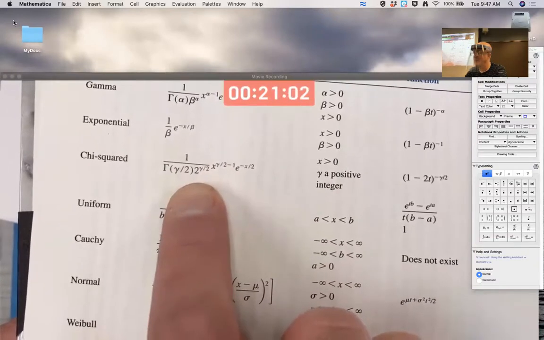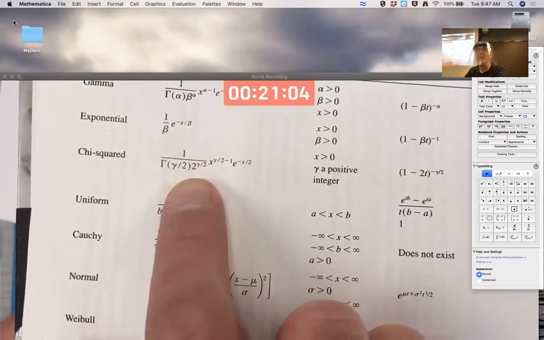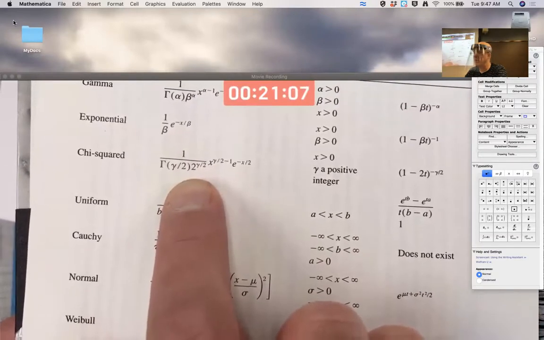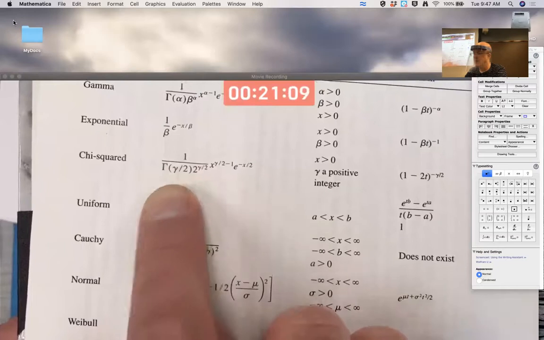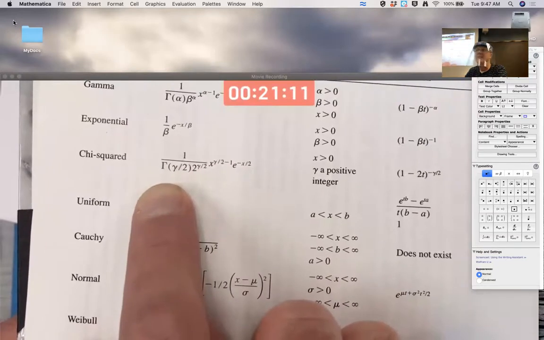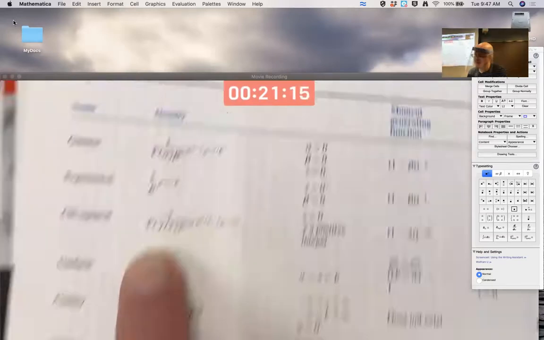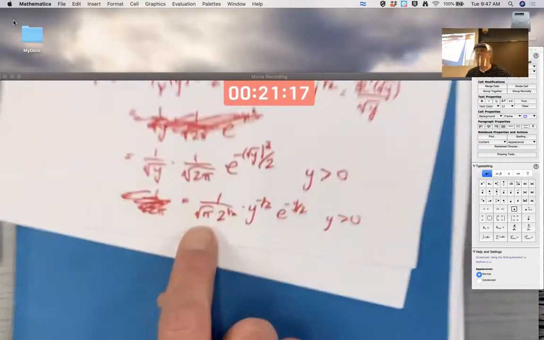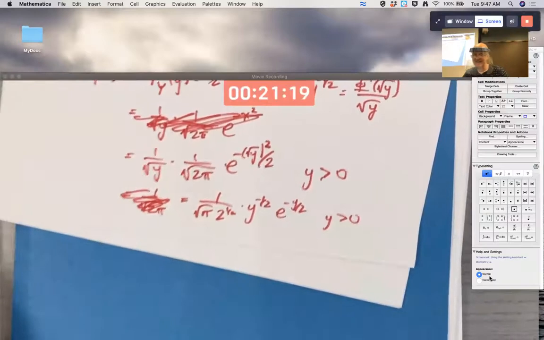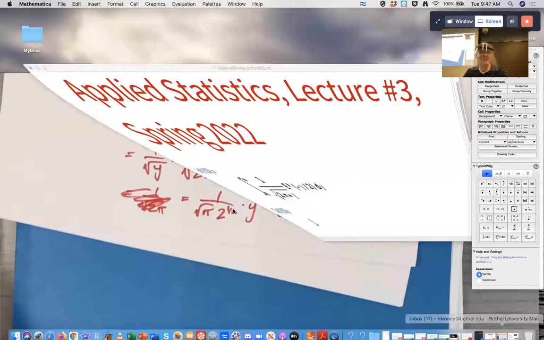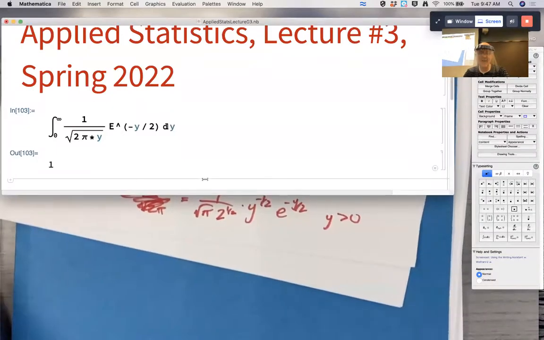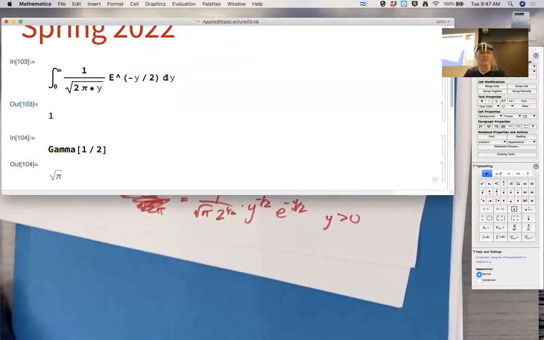We got to divide by 2 to the 1/2, square root of 2. Oh, does that mess things up? Capital gamma of 1/2. Is it square root of pi? Mathematica, what is capital gamma of 1/2? Square root of pi. Yeah.